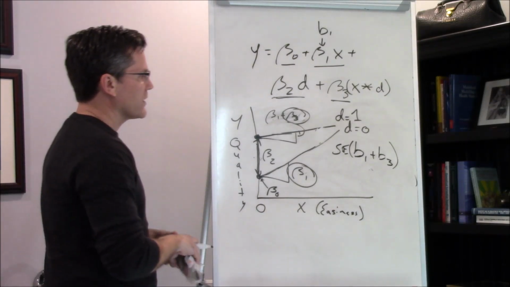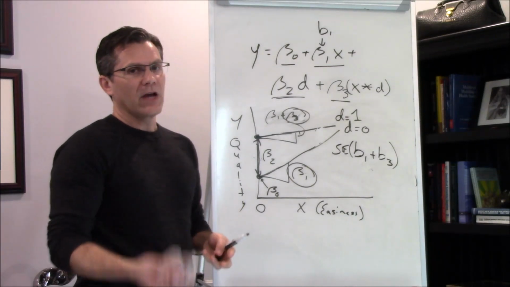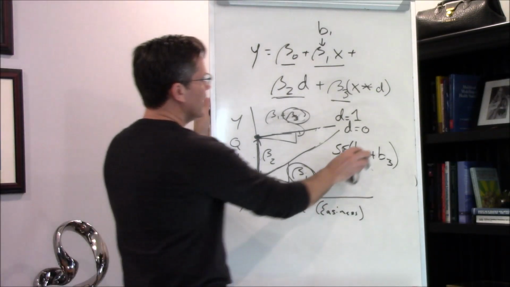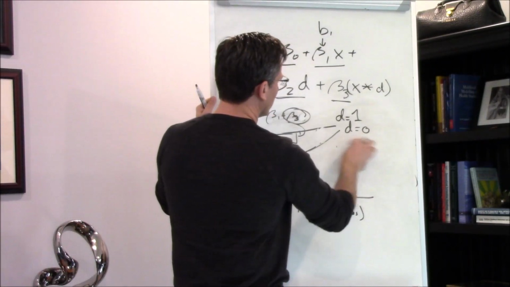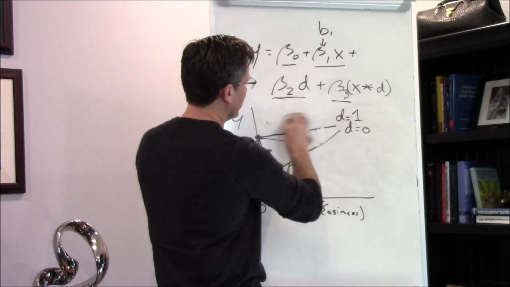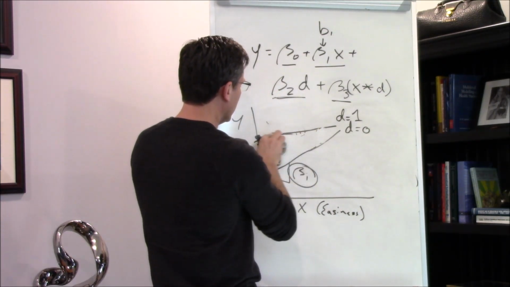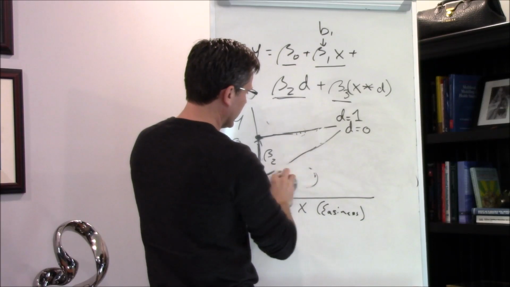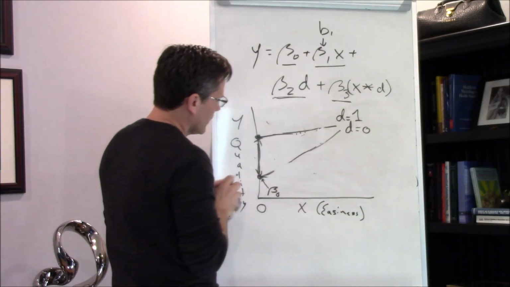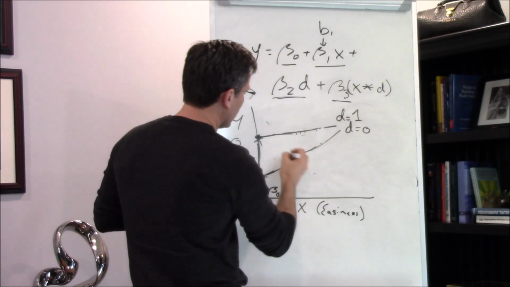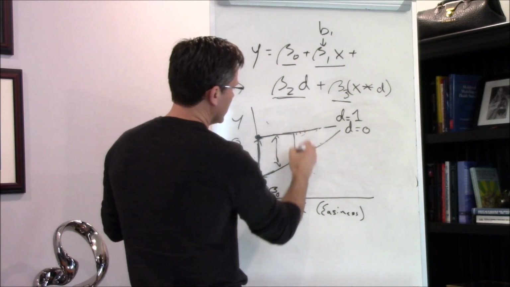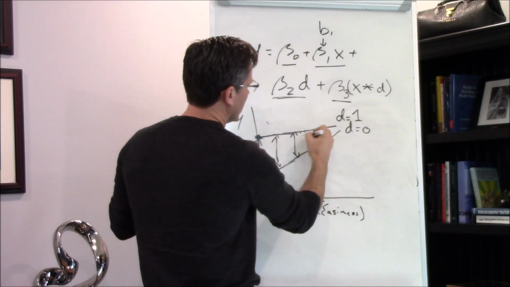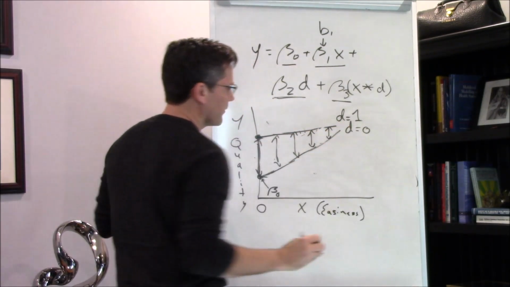Now that was focusing on what is the effect of x at each level of d, but again, we can also evaluate what is the effect of d at each level of x. So again, we can say, where is this difference between these two lines statistically significant?